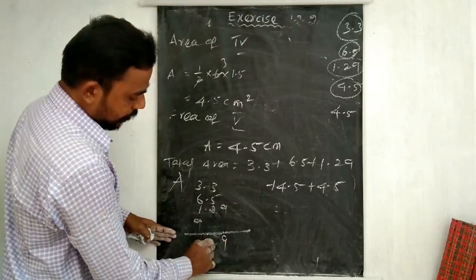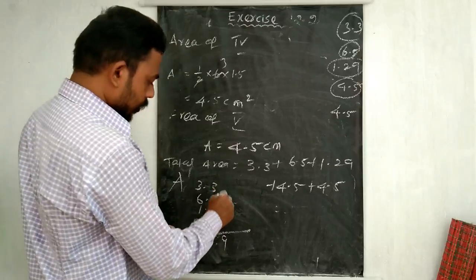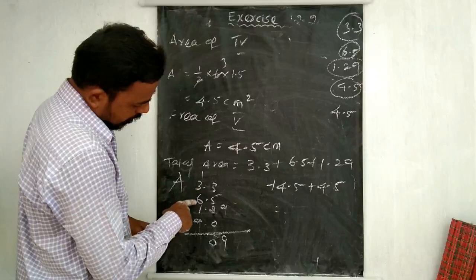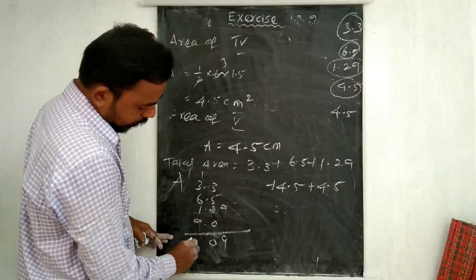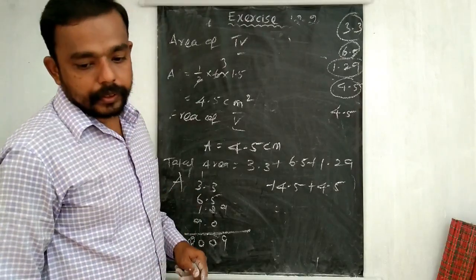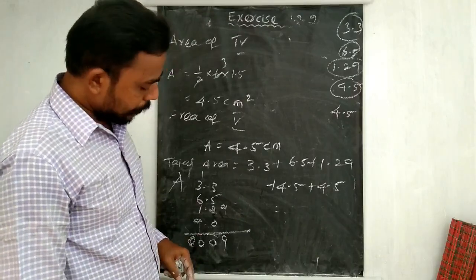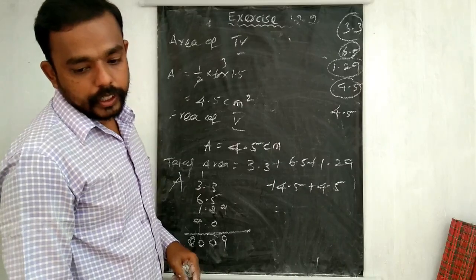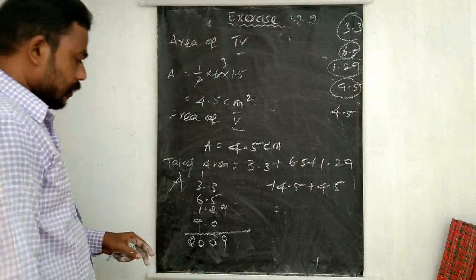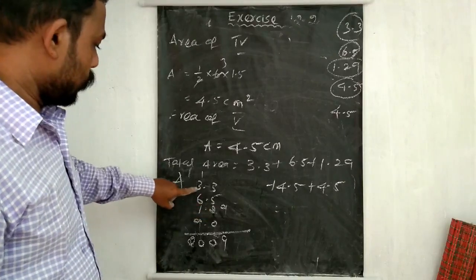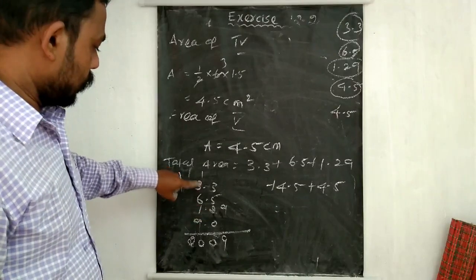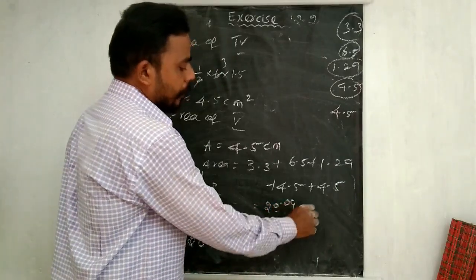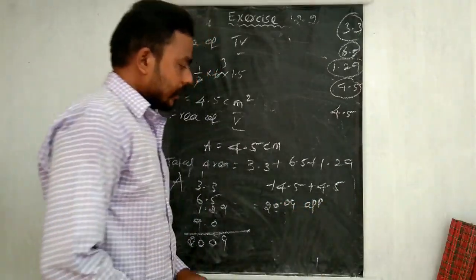So 9, 3, 7, 0, remaining 1, 9, 10, 11, 20, 20.09 here. So finally, approximately this is 20.09, but the book gives it approximately. The book answer is given like that.